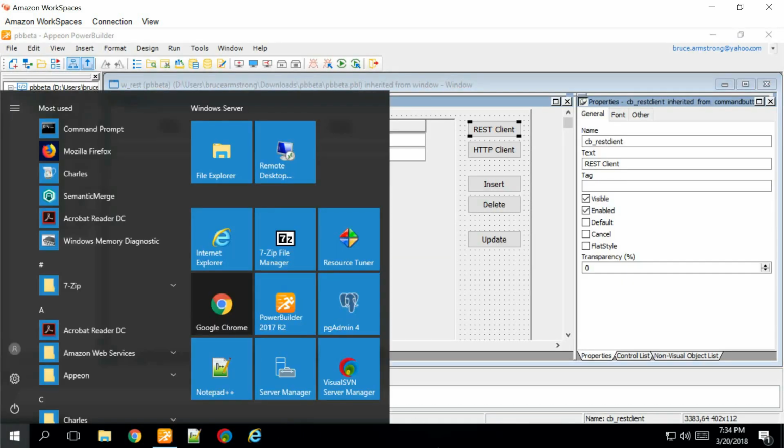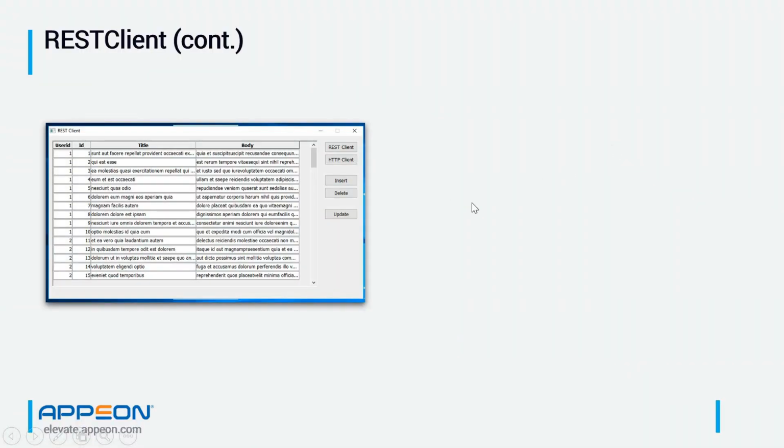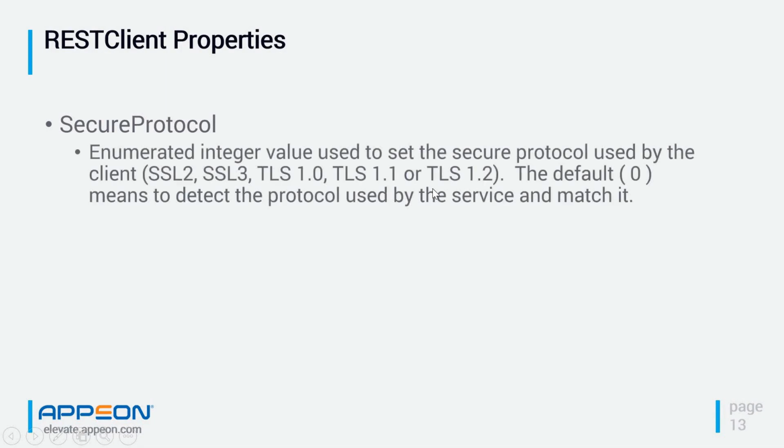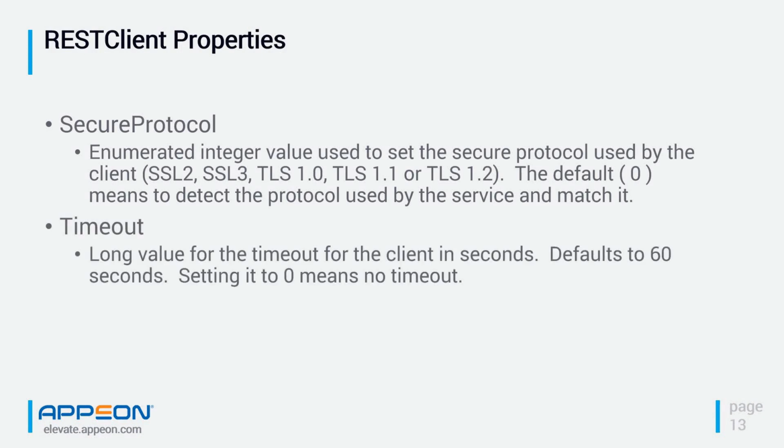Go back to the slides for a minute. Just so you know, there are some additional properties that we didn't use in this code, but are available. There are also some other methods, but two of the properties are the secure protocol, which means you can specify whether it's one of the SSL standards or one of the TLS standards that is used.